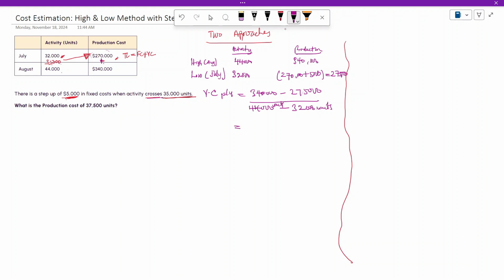When we subtract this, we get 65,000 divided by 12,000, and we are going to get 5.416 US dollars per unit variable cost.